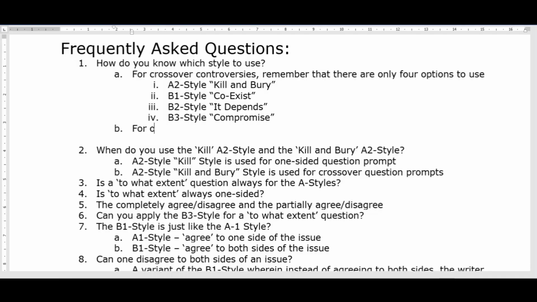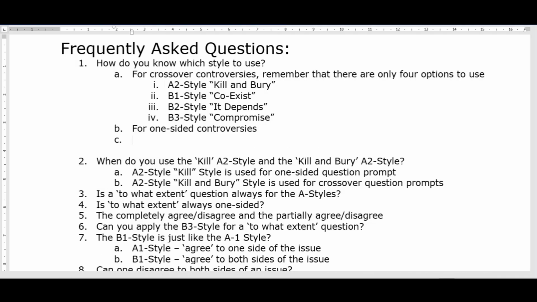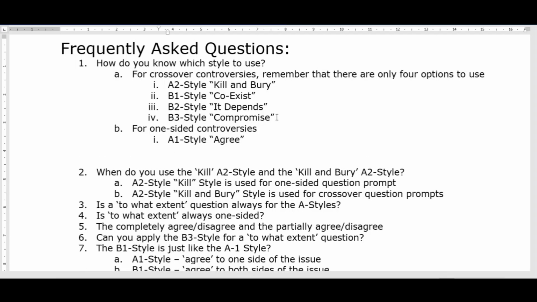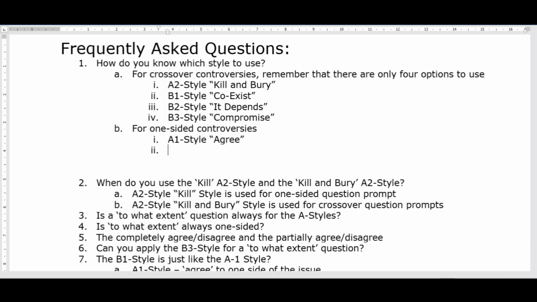And so for one-sided controversies, it's really just a question of the A1 style, which is the agree, and then the A2 style, which is now the kill style.